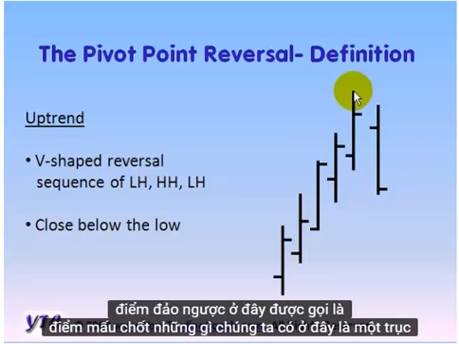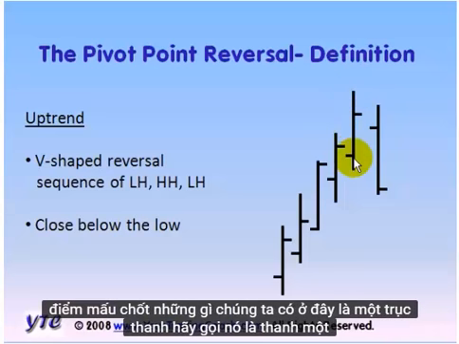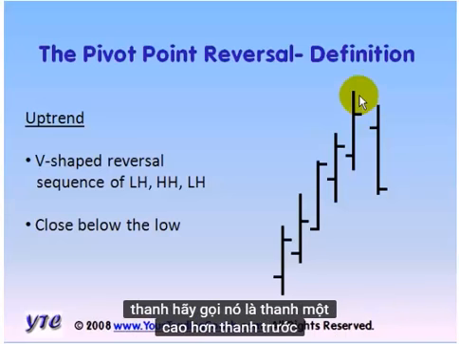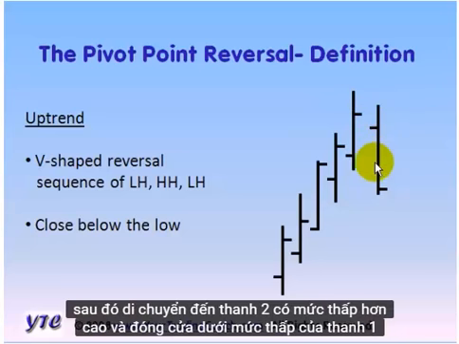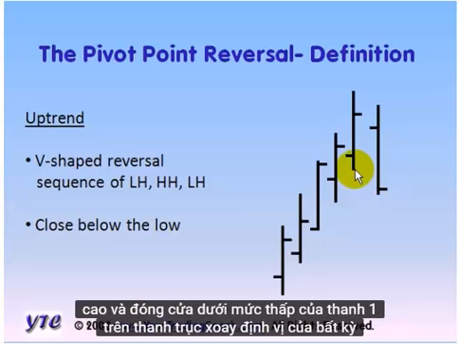What we have here is a pivot bar, let's call it bar 1, which has a higher high than the preceding bar. We then move to bar 2, which has a lower high and closes below the low of bar 1, or the pivot bar.